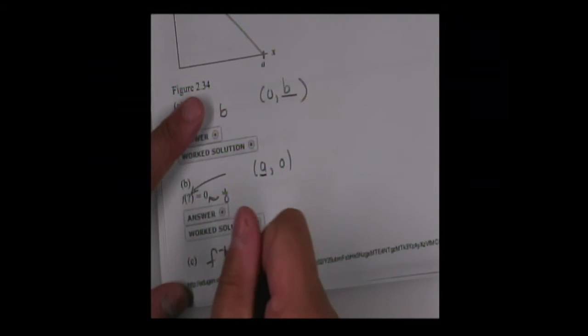Now I just have to get the right order here for what they did. So, for C, they did f inverse of 0 equals.